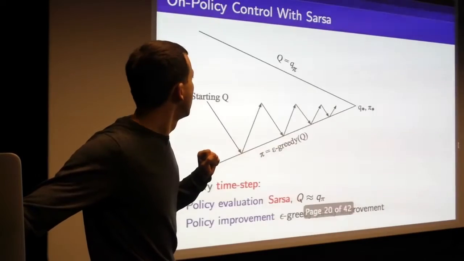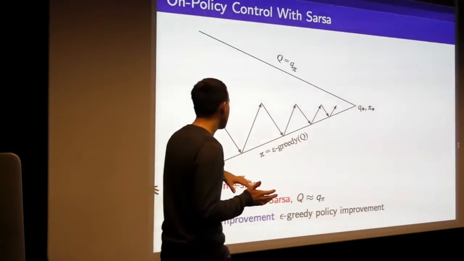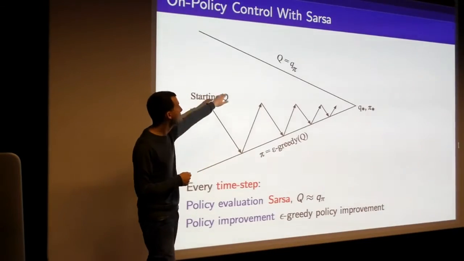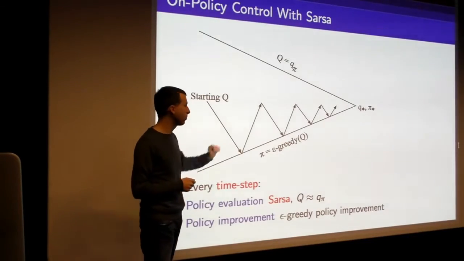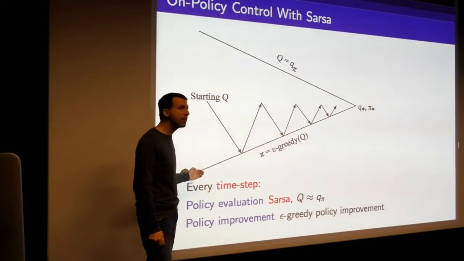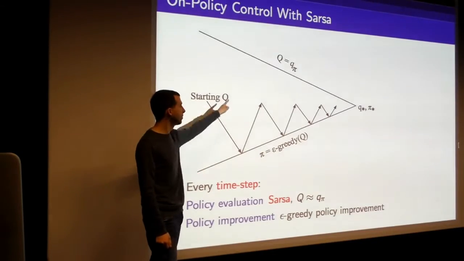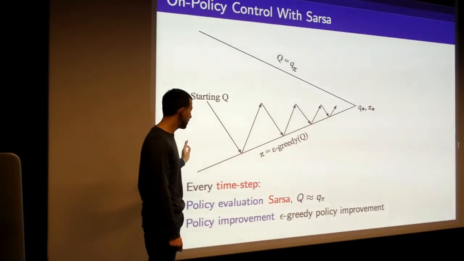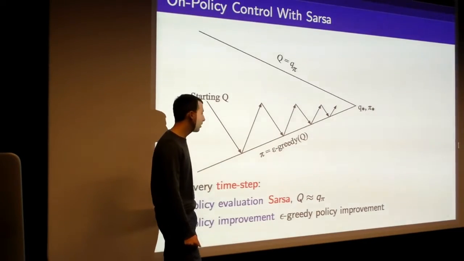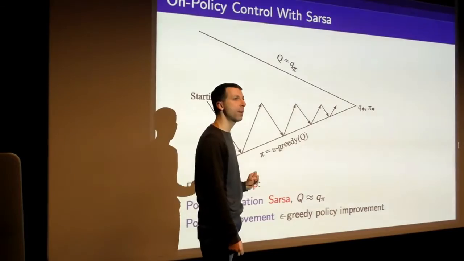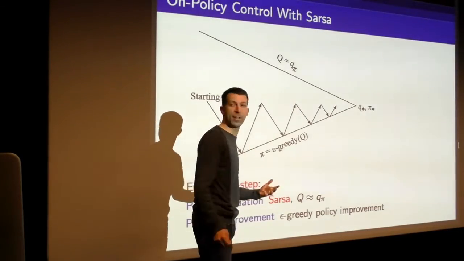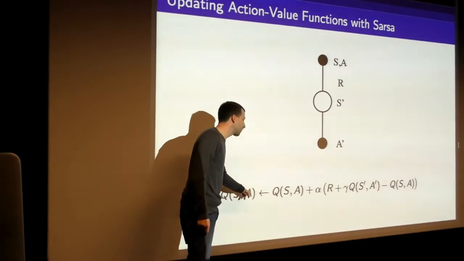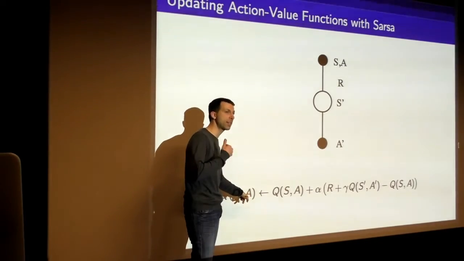Now we're going to take these SARSA updates and plug them into our generalized policy iteration framework. Every single time step, we move up and down in this diagram. Each time we take a step, we update our value function by applying one step of SARSA. For the state and action that we were just in, we only update the value function for that one state-action pair at that time step.